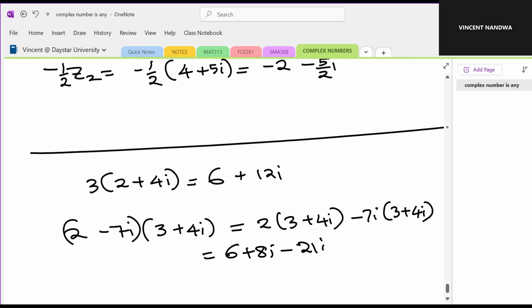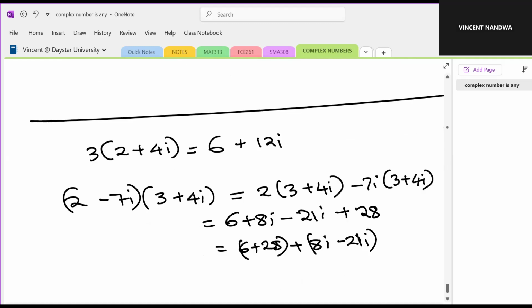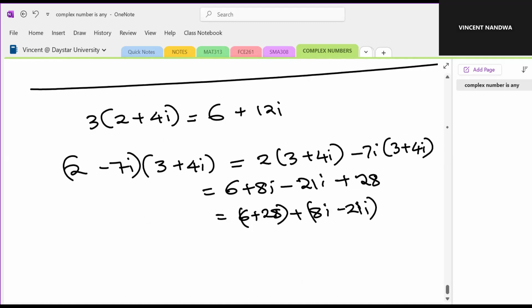So minus 1 times minus 7 times 4 is plus 28. So this will give you 6 plus 28 plus 8i minus 21i. So 6 plus 28 gives us 34, and 8 minus 21 is minus 13i.